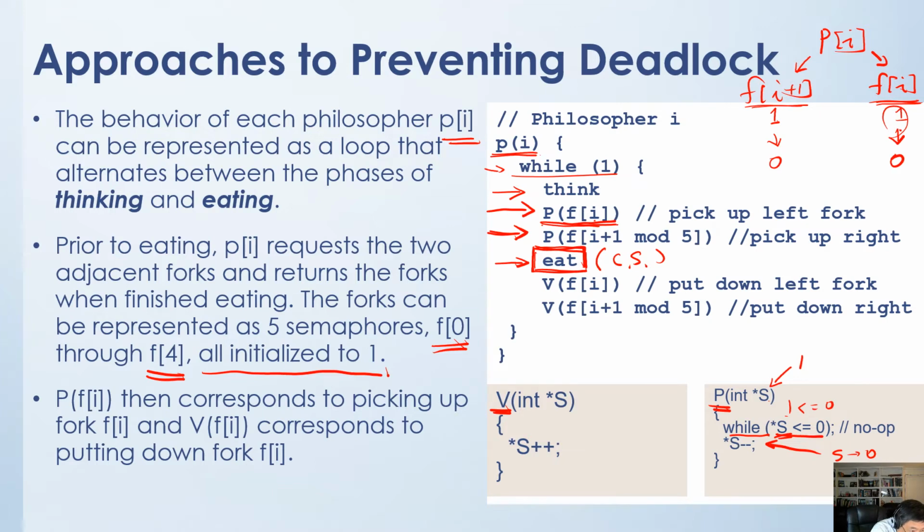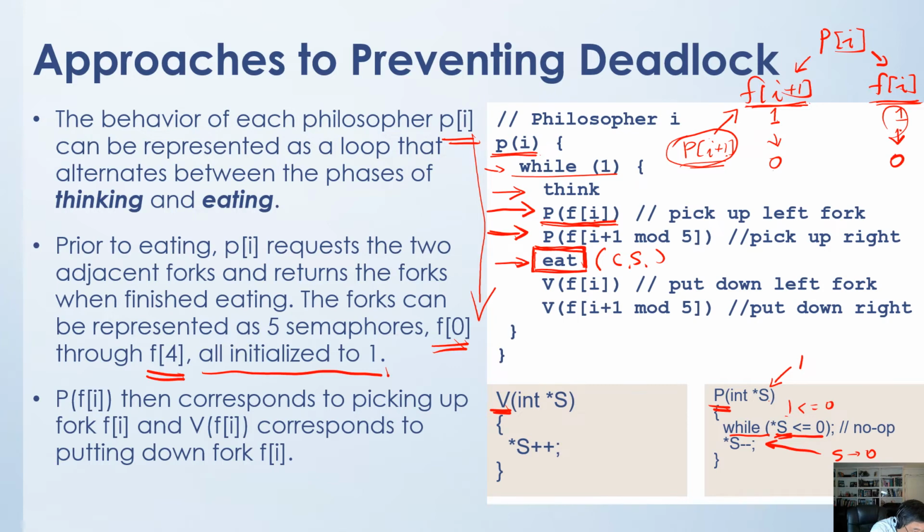That means if the neighboring philosopher, for example the philosopher on the right, Pi+1, tries to eat, Pi+1 needs to grab the forks adjacent to it. That includes fi+1, right? So if Pi+1 is also running its code, it calls P(fi+1).